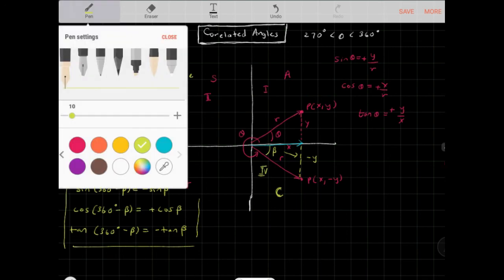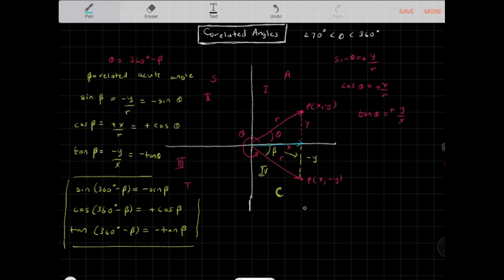Now, how we use this is, let's say that we want to evaluate, well, let's actually do a different one. Let's do tangent 330 degrees. Okay, so 330 degrees is between 270 and 360, so it's in the fourth quadrant. If we want to evaluate tangent 330, then we're going to be utilizing this equation for tan, right?